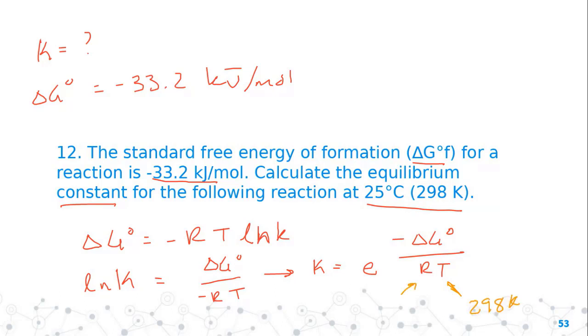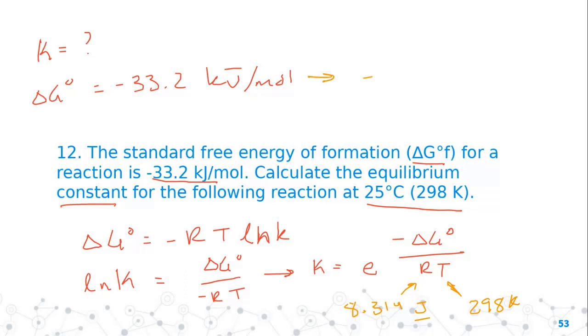R is equal to 8.314, in joules. We know this is in terms of joules, so our delta G should be in joules as well to compensate.